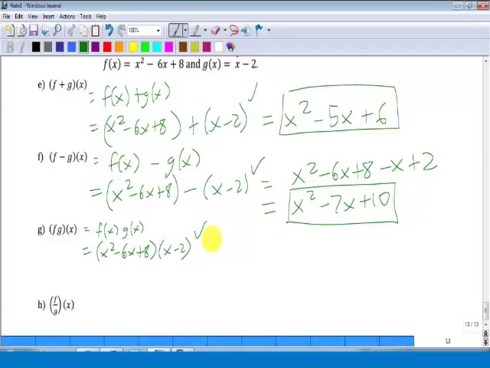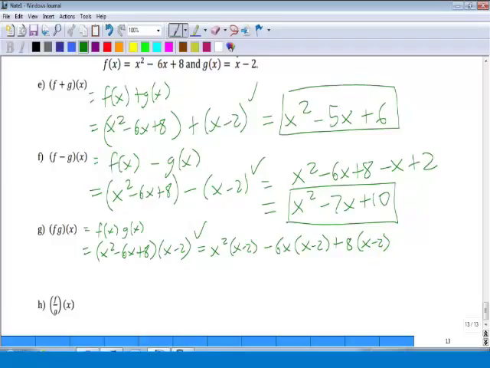We can do this. We can multiply a trinomial by a binomial. There are a couple different ways to do it. I'm going to suggest multiplying x squared by the x minus 2, multiplying negative 6x by the x minus 2, and multiplying the 8 by the x minus 2. Basically, if we've got two polynomials multiplied together, every term in one of them has to be multiplied by every term in the other.